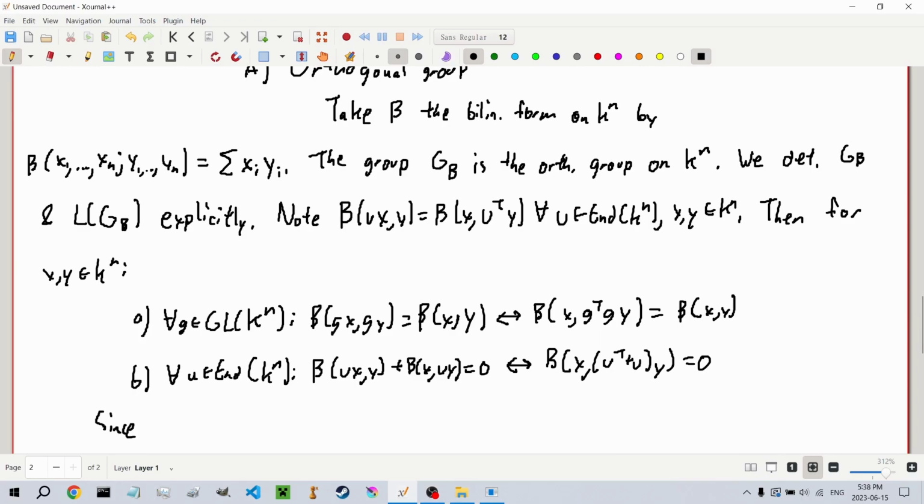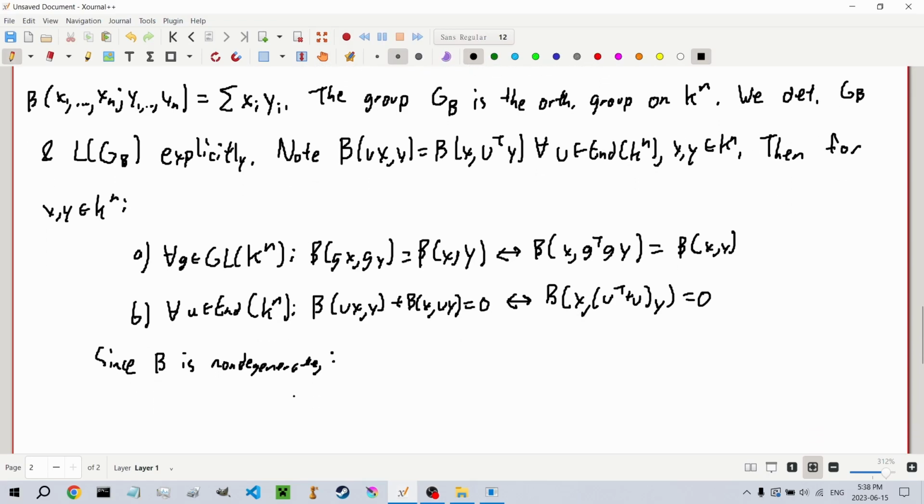Since our beta is non-degenerate, the stabilizer of beta, our group here, is the elements of GL k to the n where g transpose times g has to be equal to 1, since x and y can be arbitrary.